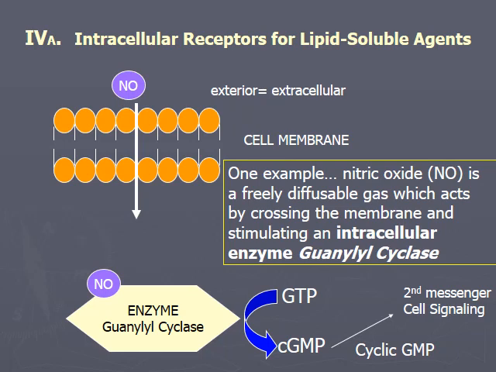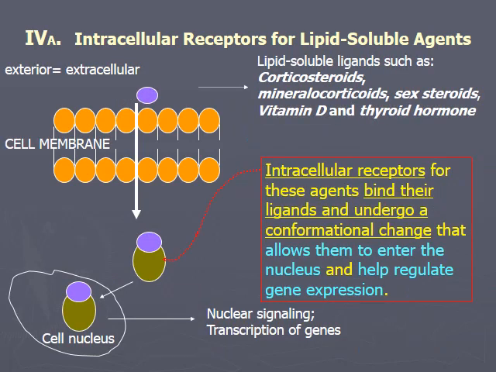Because it increases levels of cyclic GMP, and cyclic GMP is relaxing the muscle. Okay? We good? Okay. By the way, the person who discovered that EDRF was nitric oxide was from Downstate. So, right here in New York.